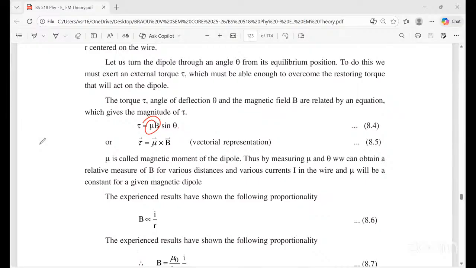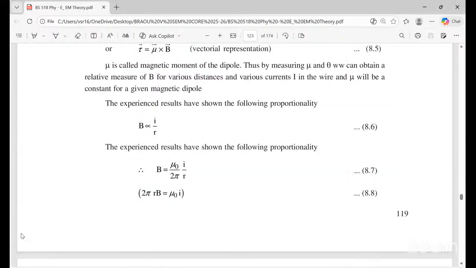So the B value is always proportional to I by r, and if we equate with a proportionality constant, that is mu naught by 2 pi, you may have, from this equation, B into 2 pi r equals mu naught I. But what is Ampere's law?